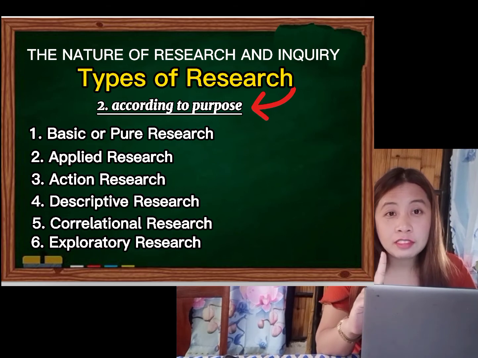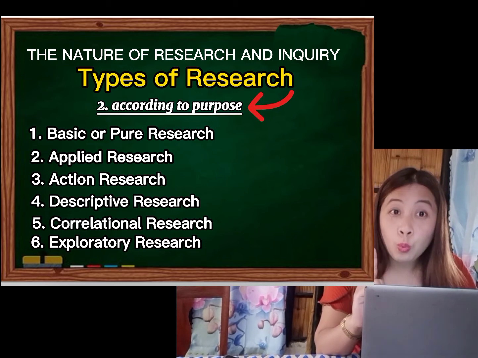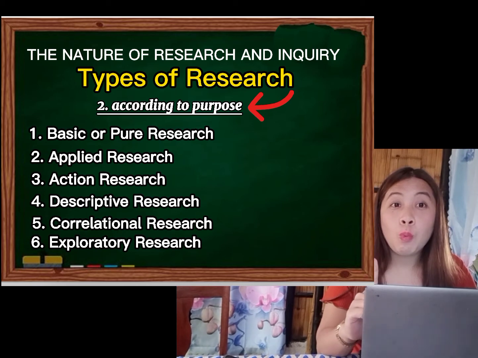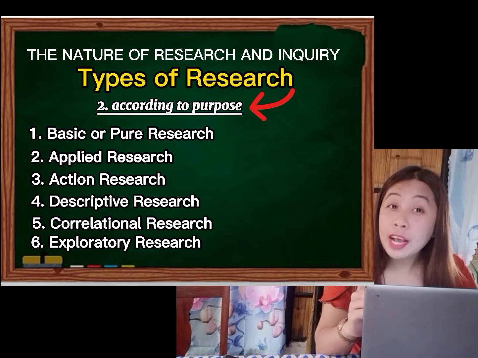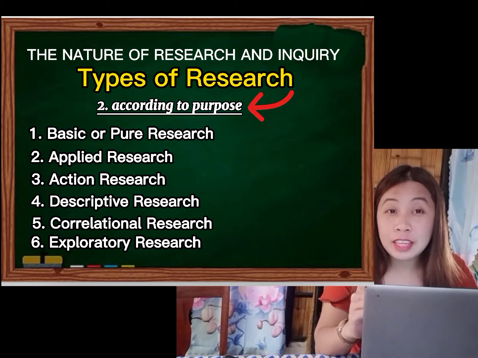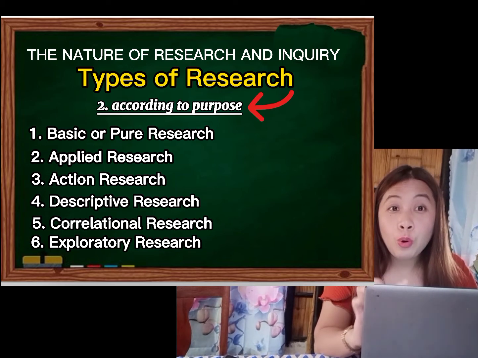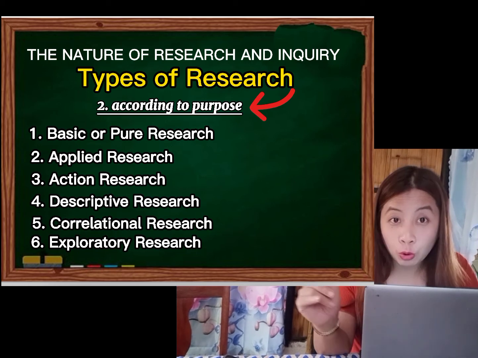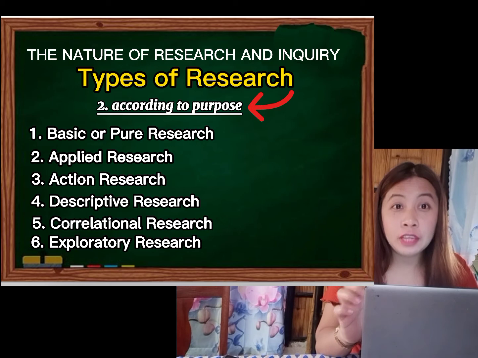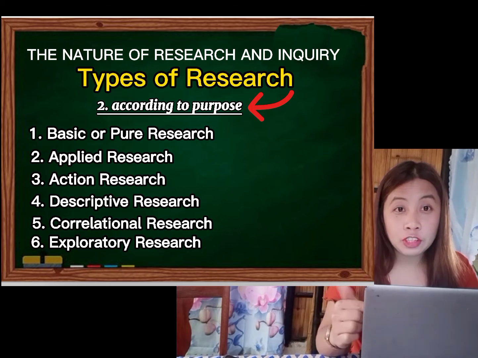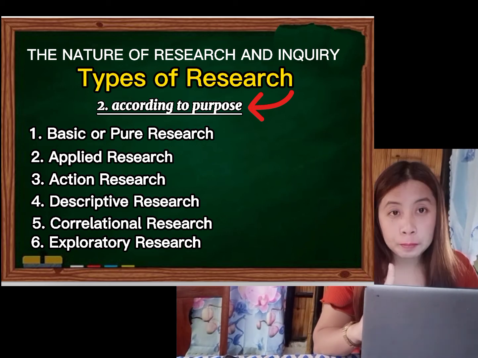Kailangan, pag gagawa ka ng study, you should know first what is your purpose, why you are doing such research. Kapag alam mo yung purpose niyan, then madali na lang i-identify kung asan dito sa 6 na yon yung study mo. Saan siya na-belong? Based doon sa types of research according to purpose.